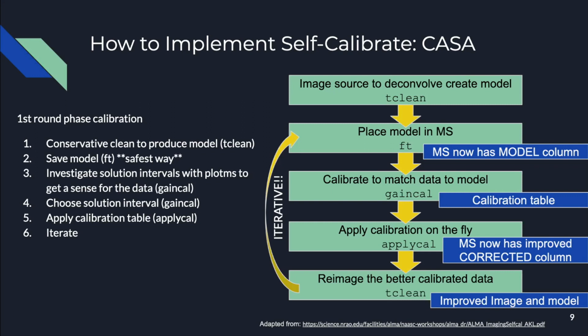Gaincal will result in a table that contains all the correction parameters that were found in order to make that match possible, and it will apply it on the fly to the visibilities that we started cleaning at the beginning. When you clean that again, the output will be a much better image, higher signal to noise, and a new model that you can use again to restart the process.